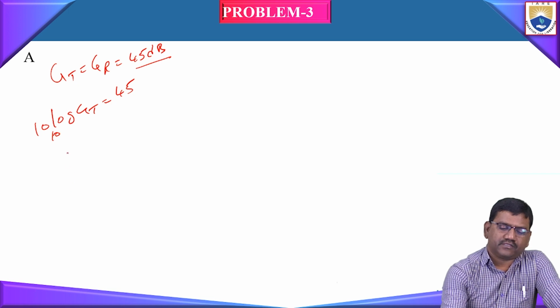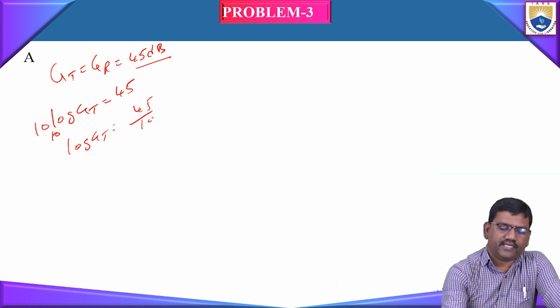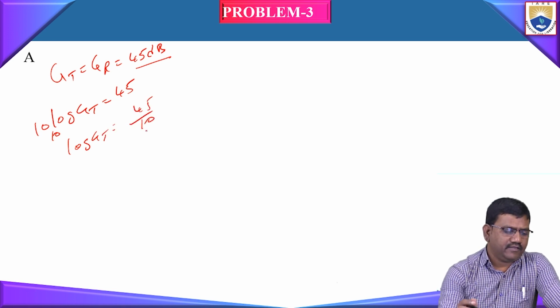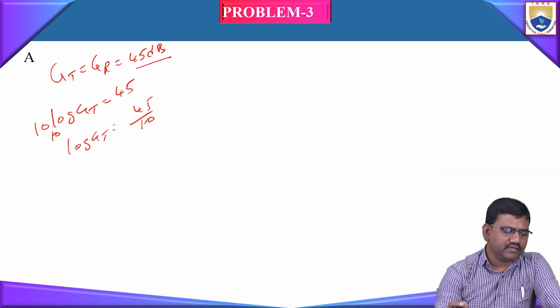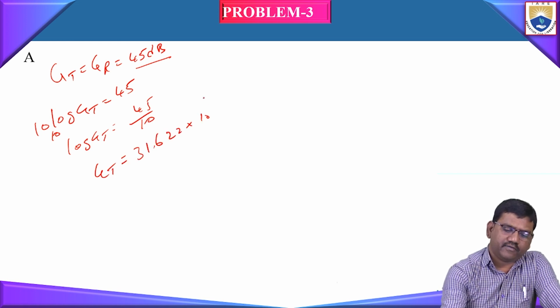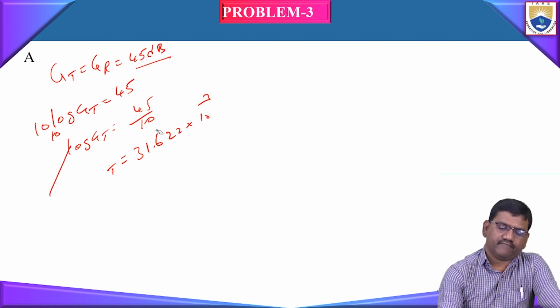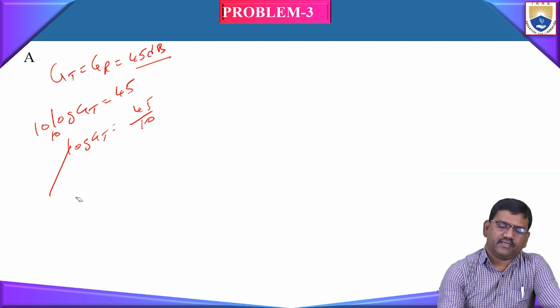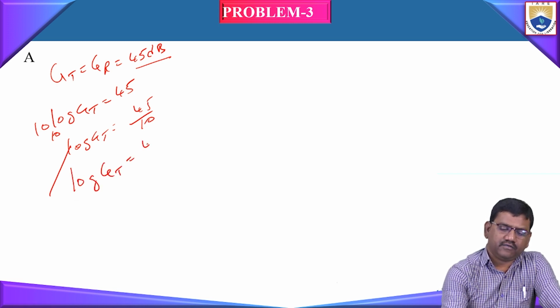We can write log GT is equal to 45 by 10, so log GT is equal to 4.5. If you convert this value, you will get GT is equal to 31.622 into 10 power 3.